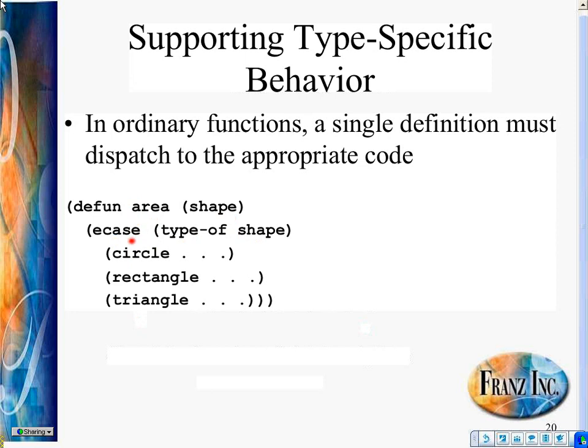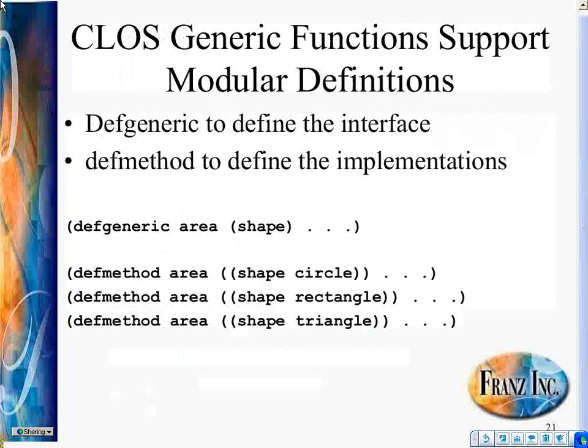It takes a shape, and then we say, okay, is shape a circle? Well, in that case, we figure out the radius, and we take pi r squared. Or it's a rectangle, in which case we figure out the length of the 2 sides and multiply them together. Or it's a triangle, and we do whatever you do, 1/2 base times height. So this is what a normal function, which is doing different things for different arguments, would do.